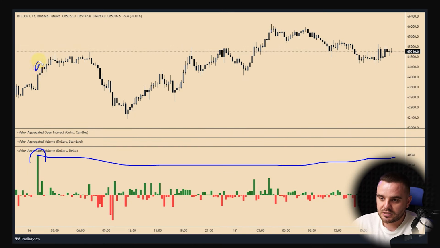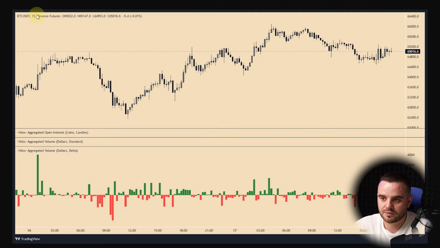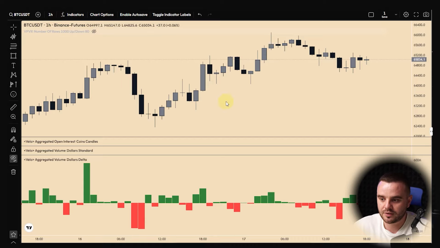You can see this one was the candle with the biggest delta, and after that price reversed. Then the biggest negative delta, and after that price reversed. Also, it could be on different time frames, because you can see this 15-minute time frame, this 1 hour time frame, and the same for other time frames.